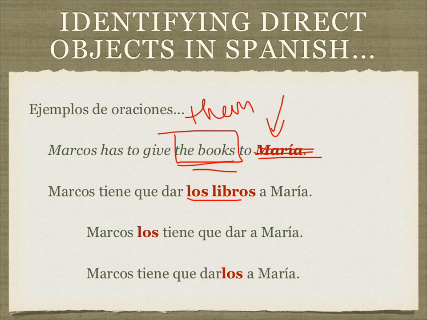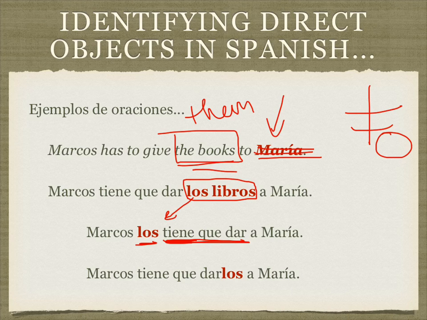All right? So we're replacing los libros with los, because on that chart, it's the plural form, and it's masculine. So Marcos los, and it goes before the conjugated verb, okay? Right here, here's tener. Tiene que dar, all right? So Marcos los, that's one option. We put it before the conjugated verb, between the subject and the verb.